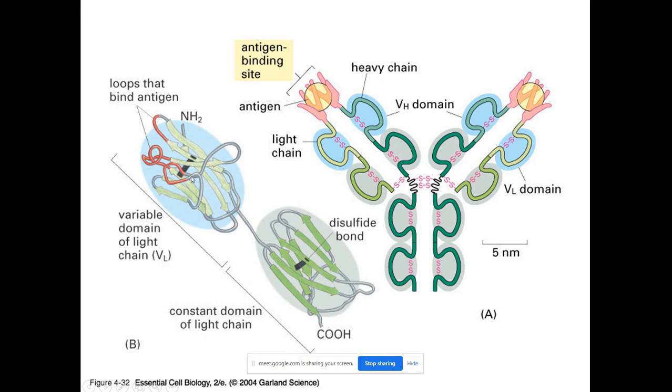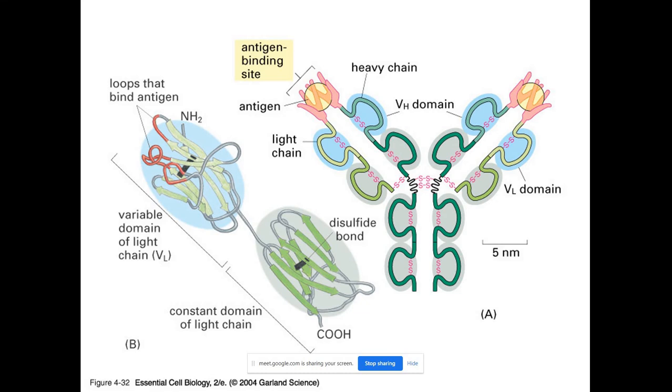And what is an antigen? A pathogenic protein. There is the variable domain of the light chain and the constant domain of the light chain. So this is the antigen structure, and there are also antigen binding sites, a heavy chain and a light chain.